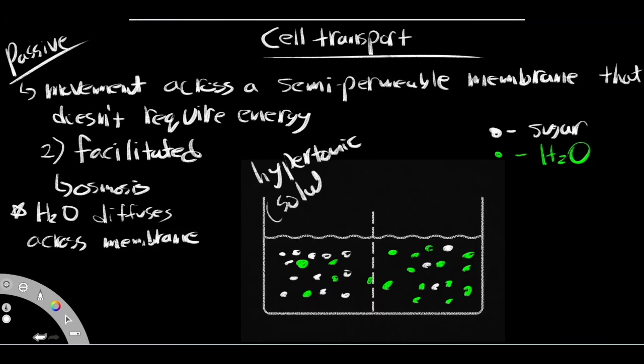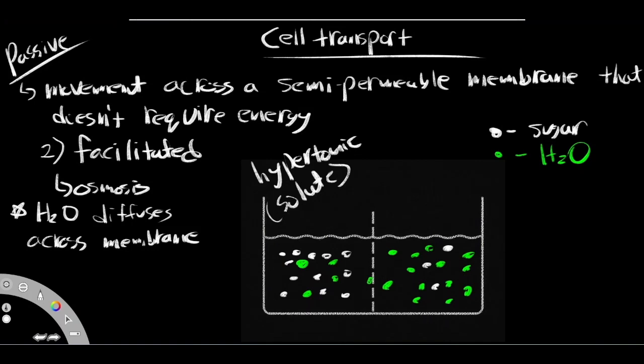I want you to look at this word here, tonic. Is it hyper or hypotonic? I want you to refer that to the solute, the one that's being dissolved. So obviously the sugar is the one that gets dissolved in the water, right? Water is the one that does the dissolving. So the one that's getting dissolved is the solute. Let's look at the solutes here. All these white ones, all these sugars.